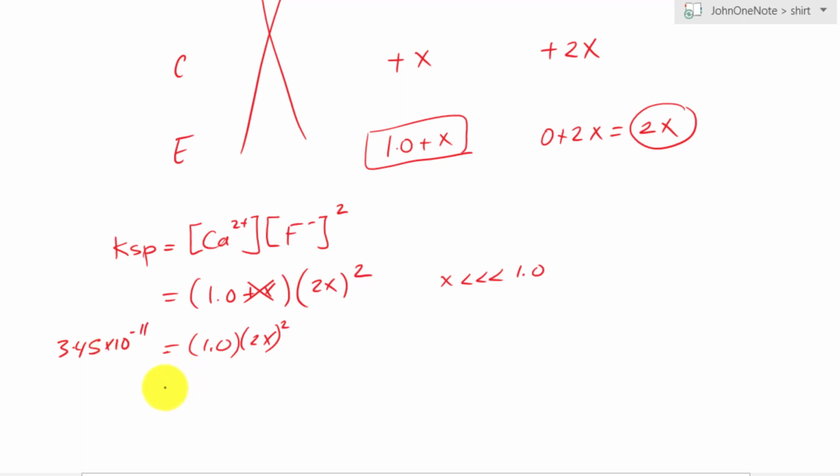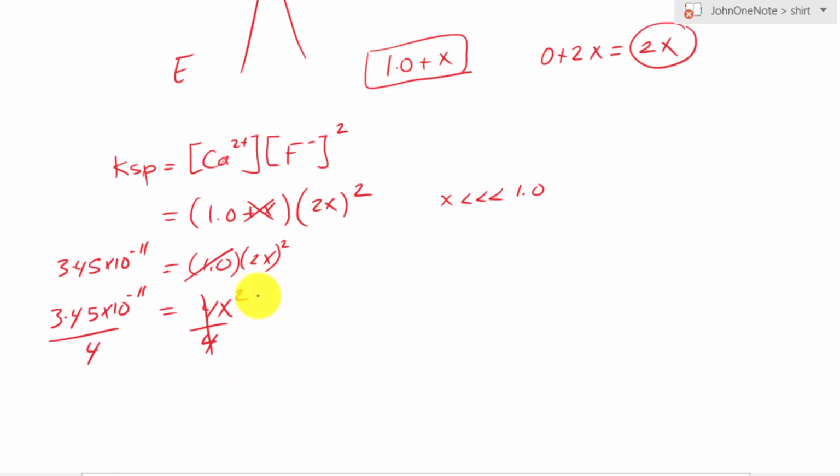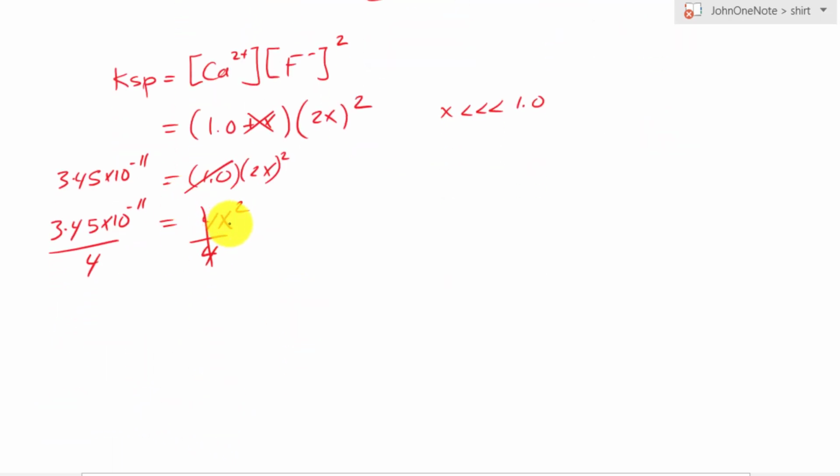Now let's simplify and solve for x. Well, we have 1, we can ignore that. What is (2x) to the second power? That would be 4x squared. Now divide both sides by 4. And how do we simplify x squared to become x? Take the square root. So therefore, now we have x equals the square root of 3.45 times 10 to the negative 11 divided by 4.